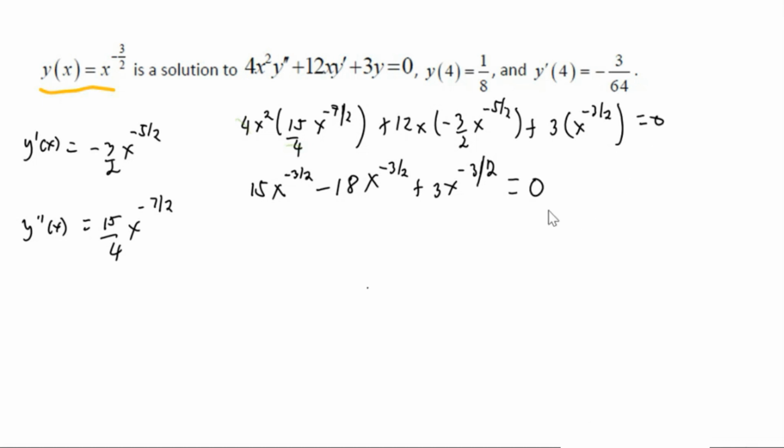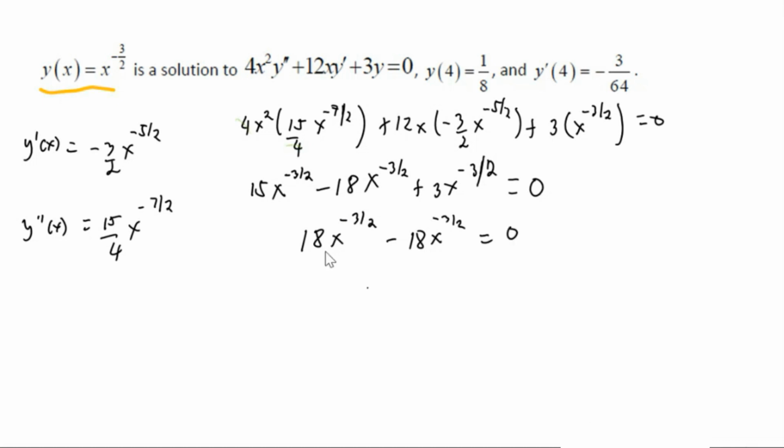Okay, then since they are like terms, we can combine, and the result for this becomes 15x to the power of negative 3 over 2 plus 3x to the power of negative 3 over 2 is equal to 18x to the power of negative 3 over 2, minus 18x to the power of negative 3 over 2 is equal to 0.